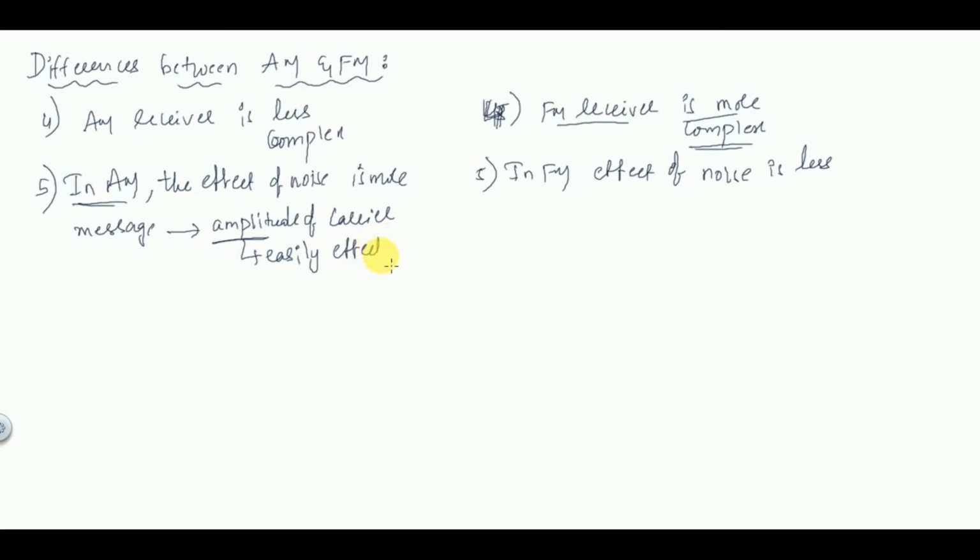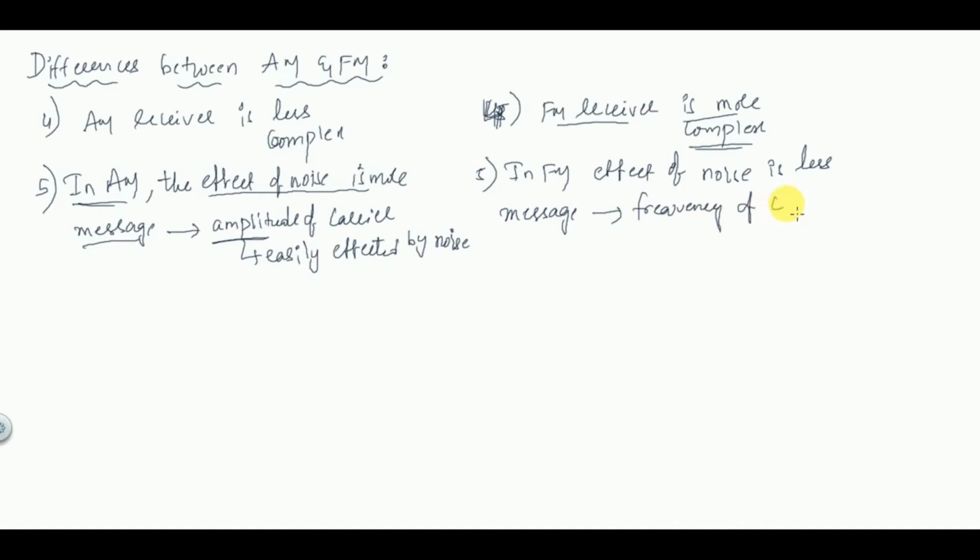Noise always tries to decrease the amplitude only. That is the first thing it will attack. So noise decreases the amplitude of the signal. So the message is stored in the form of amplitude of the carrier, so it has more effect of noise. And here the message is stored in the form of frequency of the carrier.